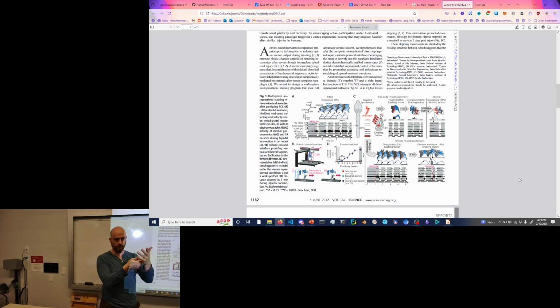They went in there and gave them an injury that damaged their spine and severed all the fibers going to their brain.